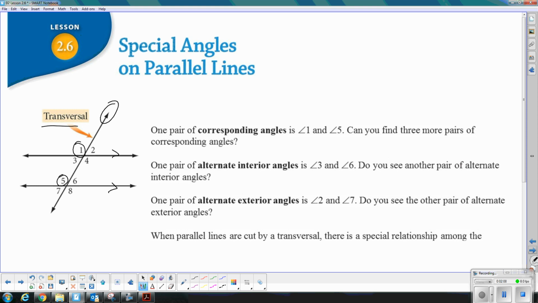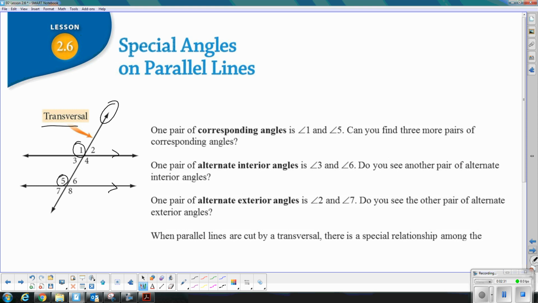So let's look for other pairs of corresponding angles. These are on the same side of the transversal and on the same side of the parallel line. So 1 is on the left side of the transversal, 5 is on the left side of the transversal, and they are both above their corresponding lines.